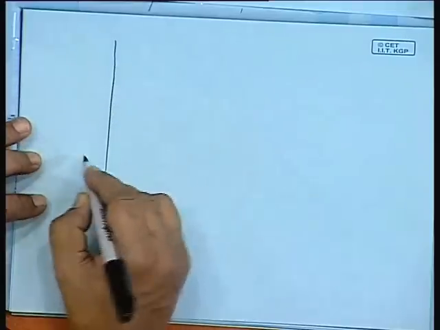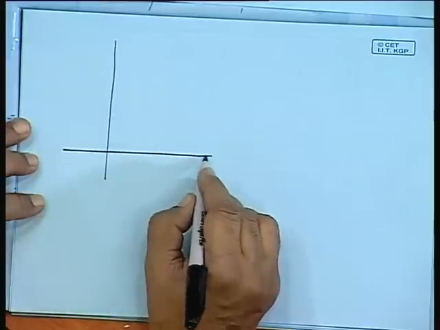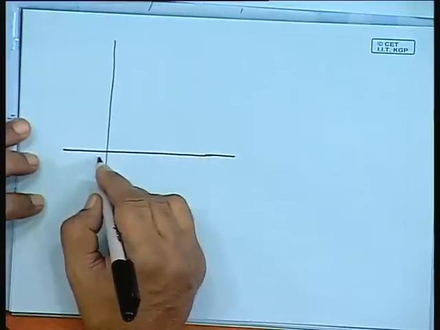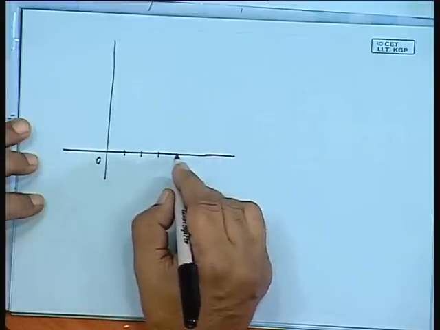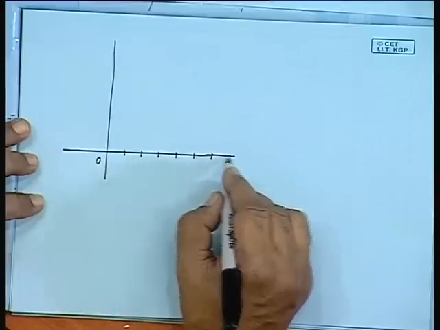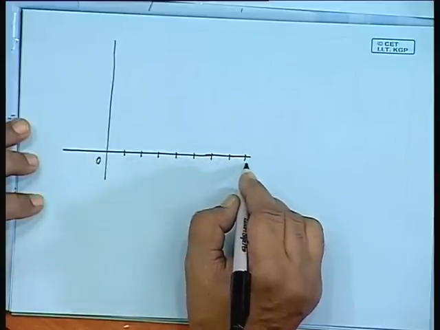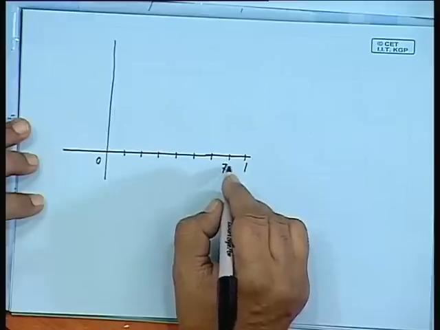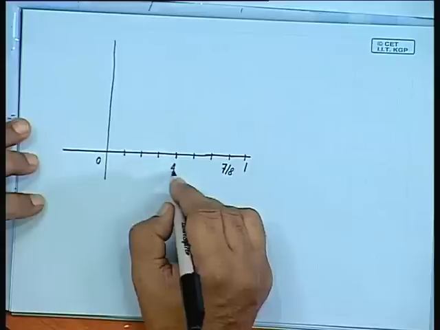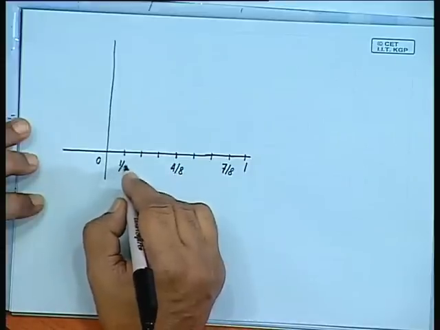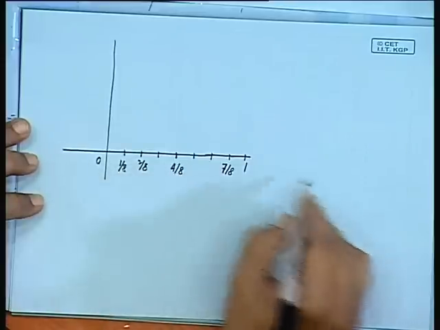So, what should be the location of the roots? Say we have a 3-bit representation of these parameter values: 0, 1, 2, 3, 4, 5, 6, 7, 8. So, this is 1, this is 7 by 8, this is 4 by 8, this is 1 by 8, 2 by 8 and so on.